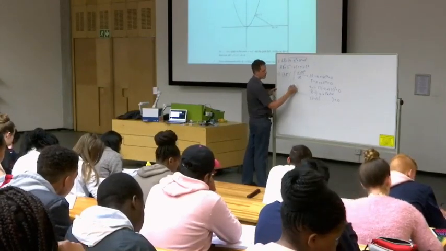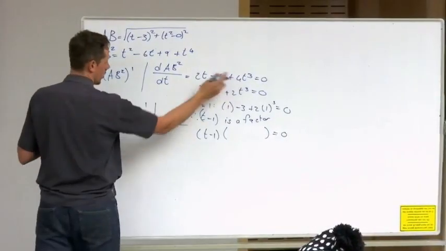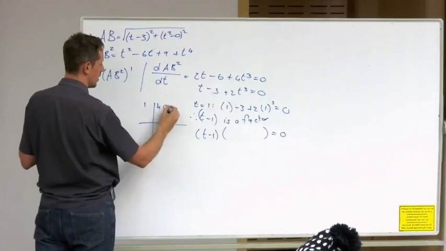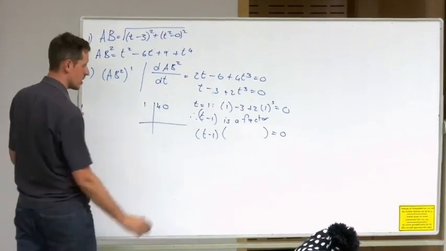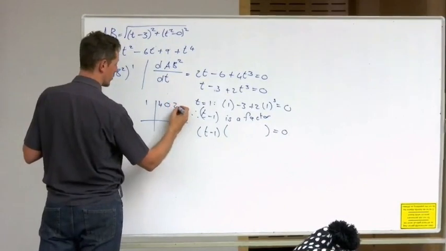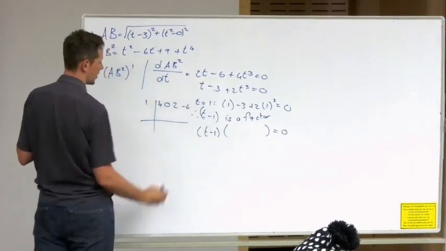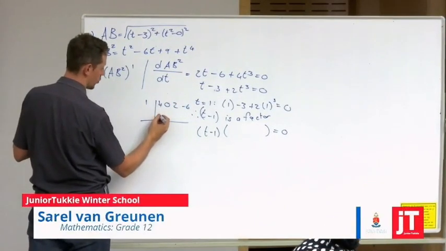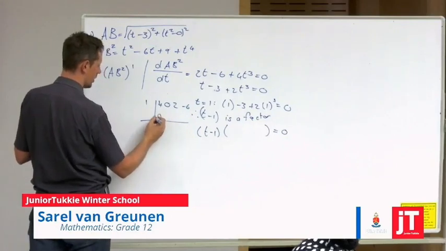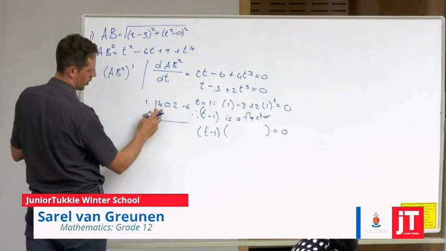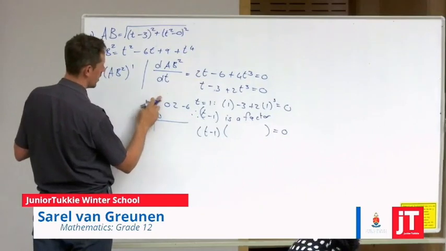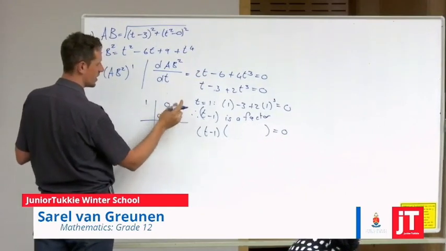So t equal to 1. I start with 4t cubed, 0t squared, 2t and minus 6. Oh sorry, I divided by 2 already.